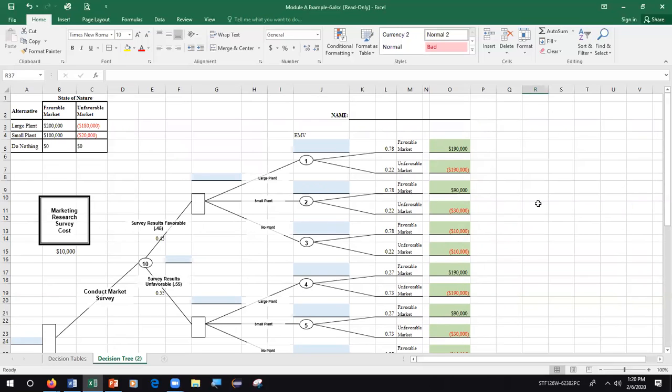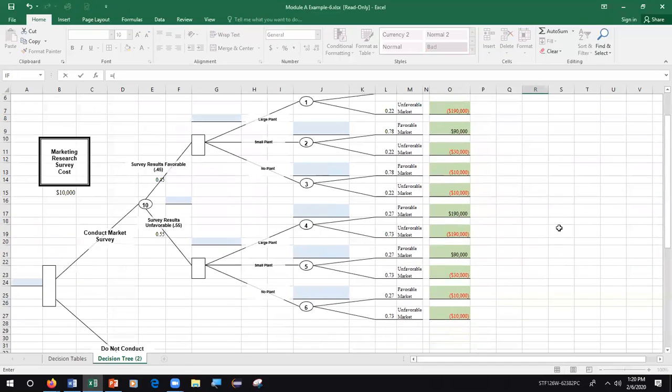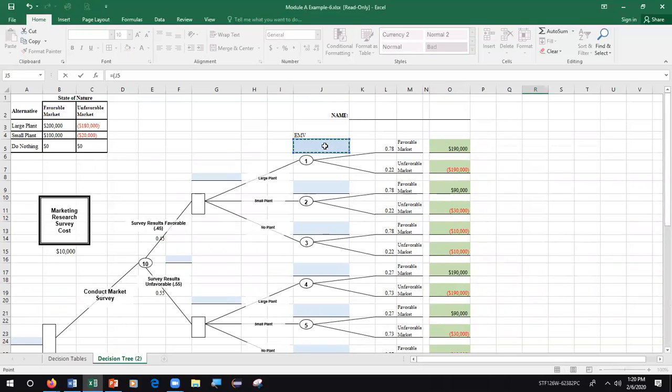So we're going to write that up here. What we need to combine is going to be equal to, start my parentheses, this times this, or I can do 0.7, it doesn't matter. And then plus, parentheses.